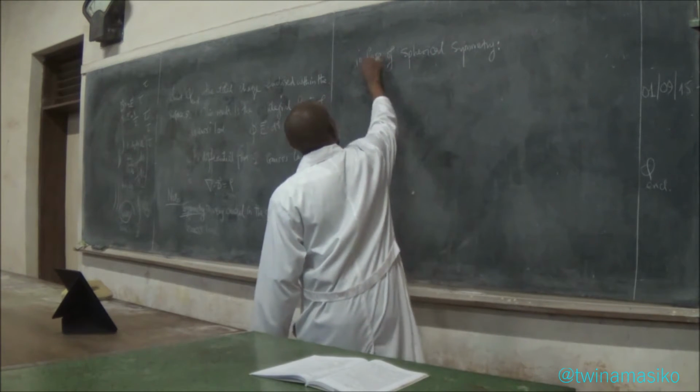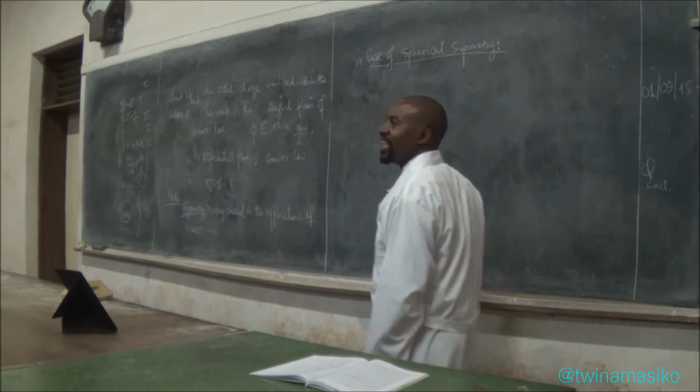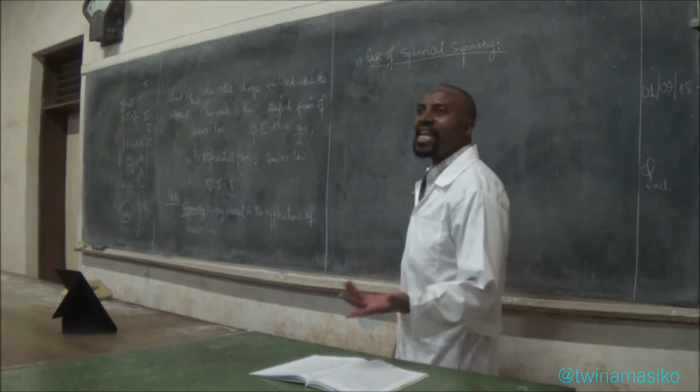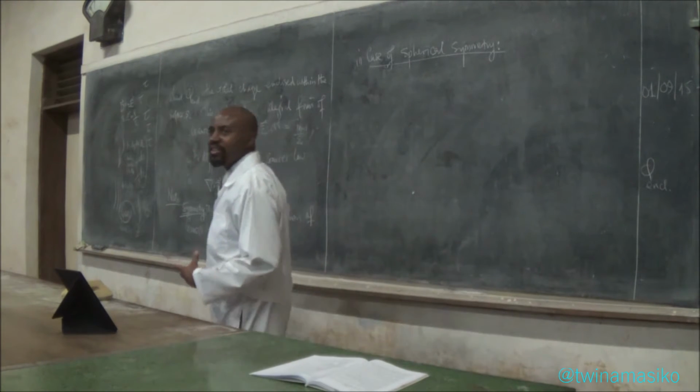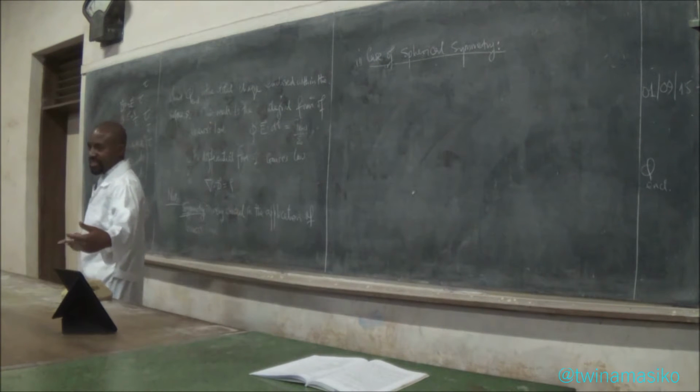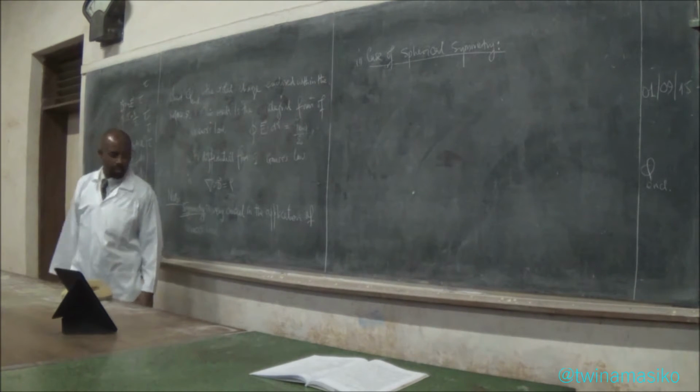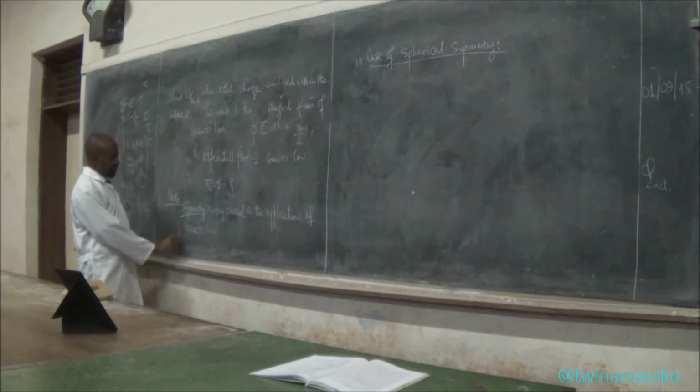Can we have linear symmetry? We can't really think of symmetry of a line. So basically we shall be looking at two symmetries: one will be spherical and the other one will be cylindrical.